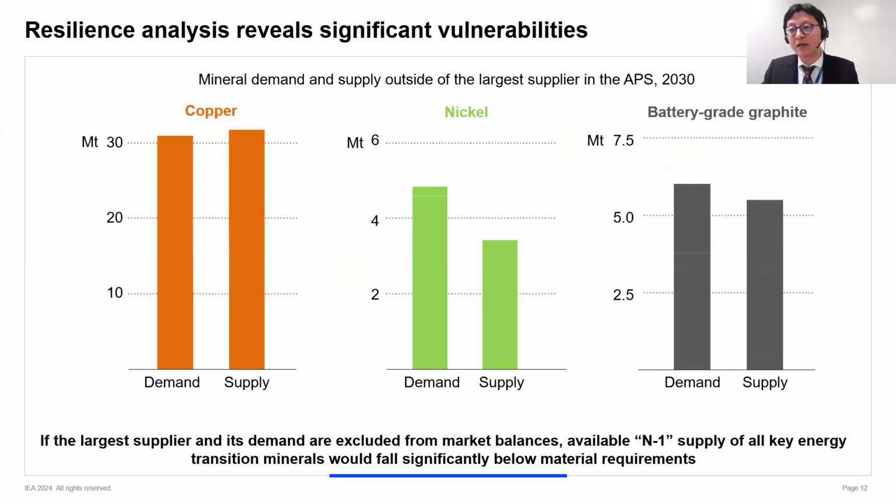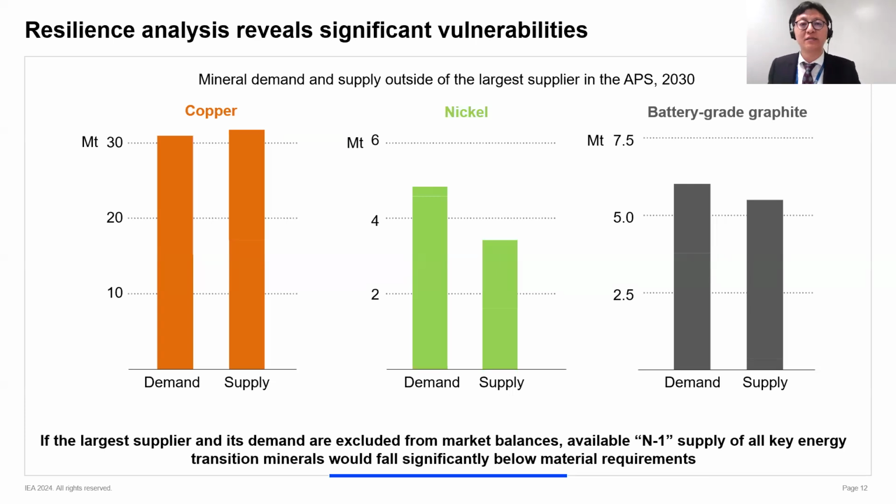In the energy market, such as the natural gas market, we often conduct analysis assuming some hypothetical disruption case. What if the largest supplier is taken offline from the market, and what is the impact on the market? So we applied this concept to the critical minerals context, excluding the largest supplier from both demand and supply, and looked at what the supply-demand balance looks like.